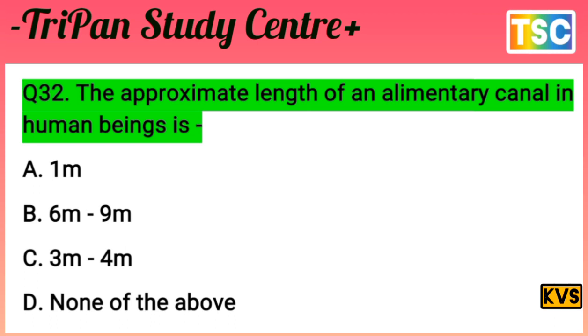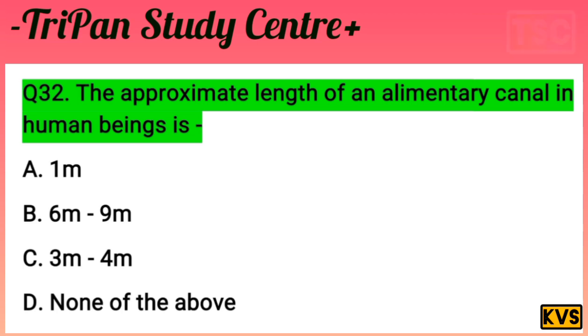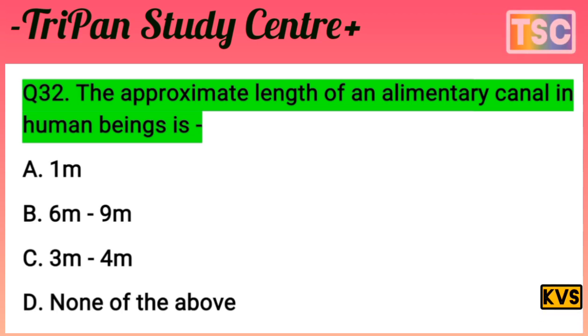The options are very interesting. You know the one important thing here: the alimentary canal is a continuous passage that starts from the mouth and ends at the anus.